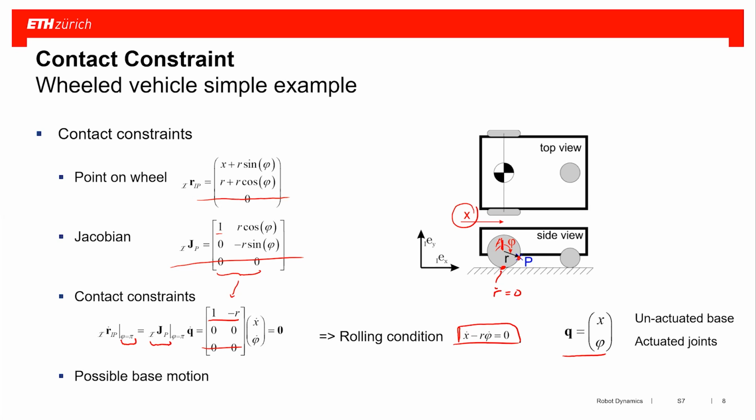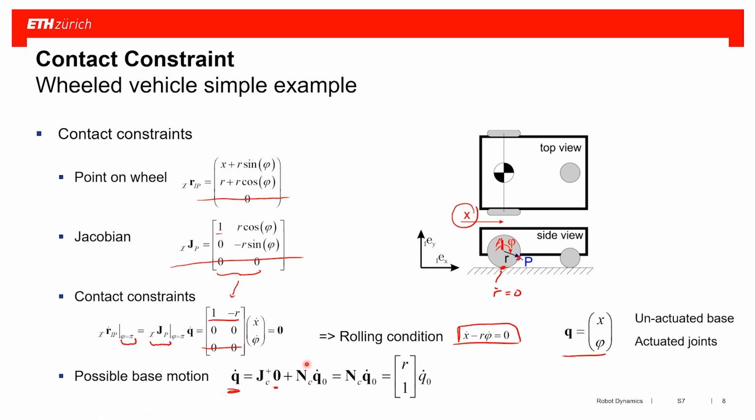Now, if I'm interested in the base motion, I have to look at the null space of this thing. So what I have to figure out is, what is my possible q dot, which is my J_C times q dot, this is the r dot at the contact point. Obviously, this must be 0.